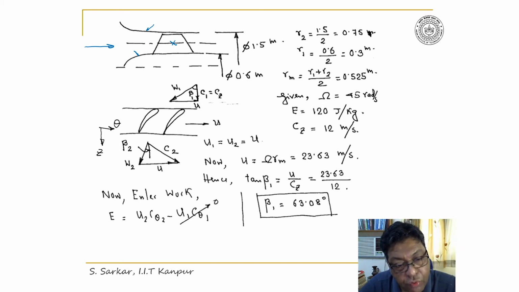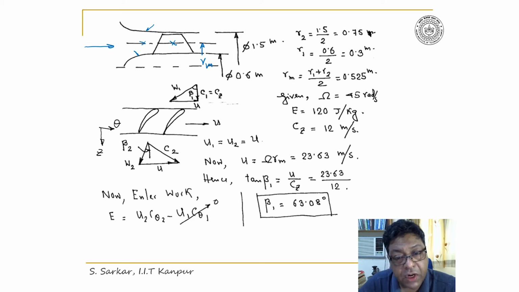Furthermore, I have shown here the axis of rotation and a central plane which lies between the hub and the casing. And the radius of the central plane is considered here as Rm. Thus, what are the data?